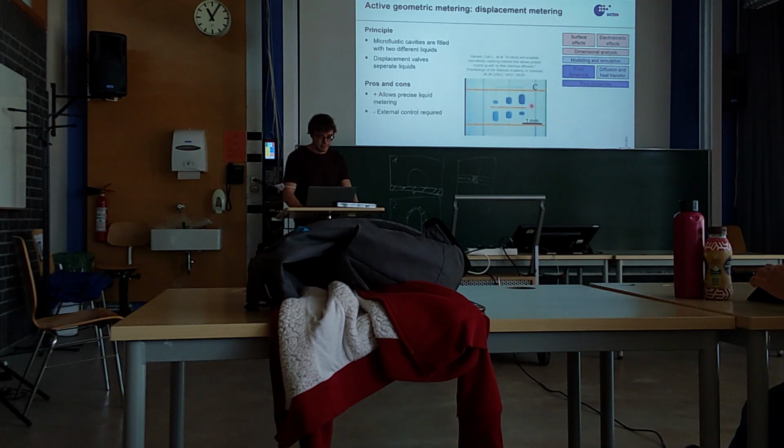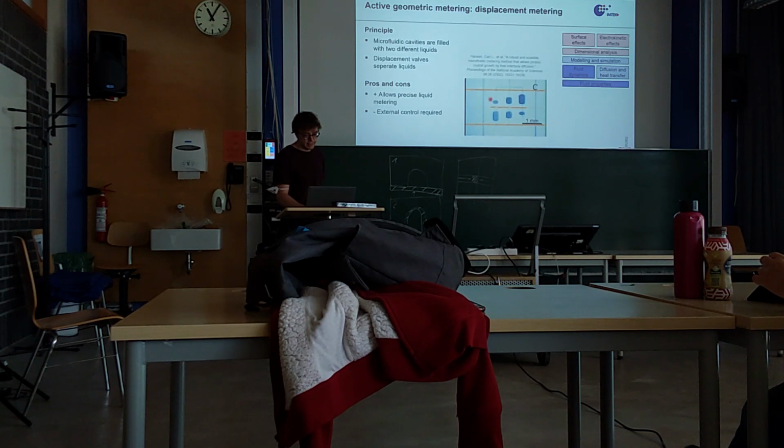The second concept, active geometric metering, is presented here. The idea is that you have controlling channels which are highlighted orange, and you have channels where the liquid moves, similar to the idea that we presented here. By closing the valves and opening them, you can move liquids.